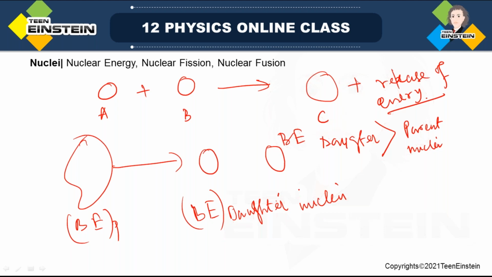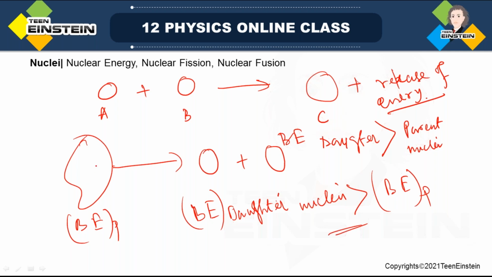Okay, if the binding energy of the daughter nuclei is more than the parent, then there will be release of energy. What does it mean?